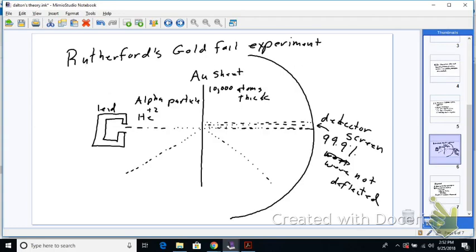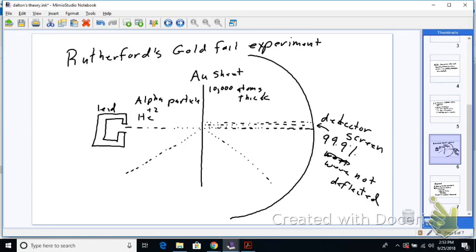So, this picture in your book on page 114 is a little bit different than the one I have drawn here. If you look at this drawing, Rutherford's gold foil experiment took a lead box, that little C to the left.